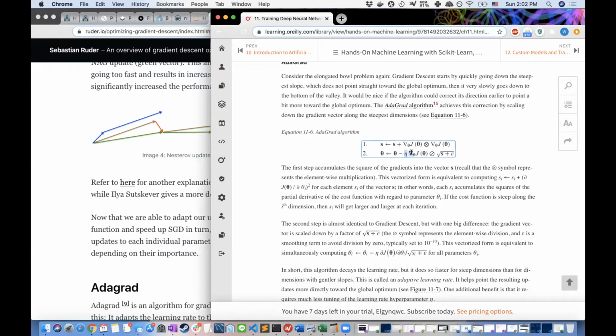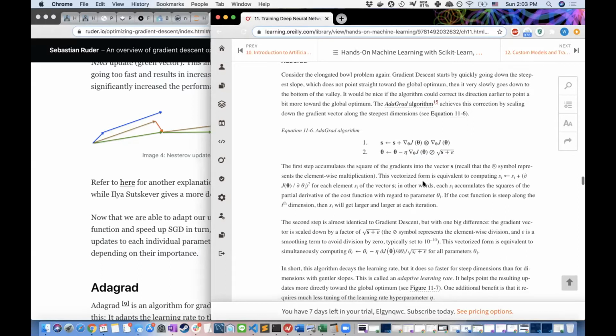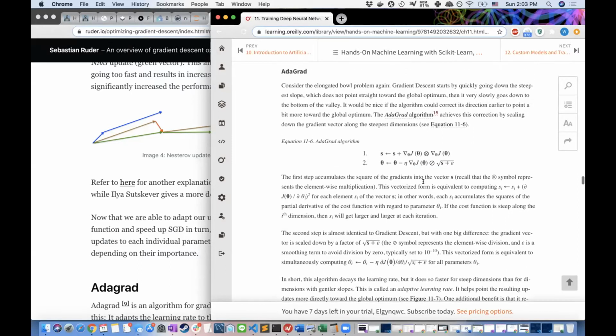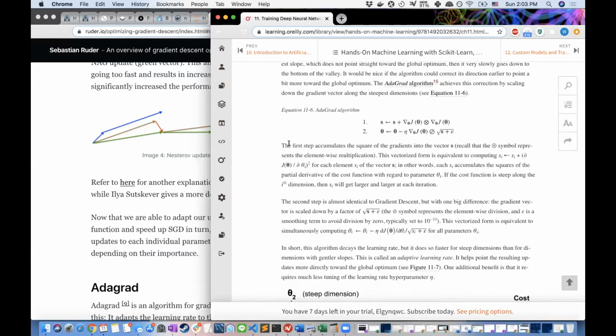So you scale your current gradient down by the square root of the accumulated squared gradients plus epsilon. So that's that. Let's read about it. The first step accumulates the square of the gradients into the vector S.